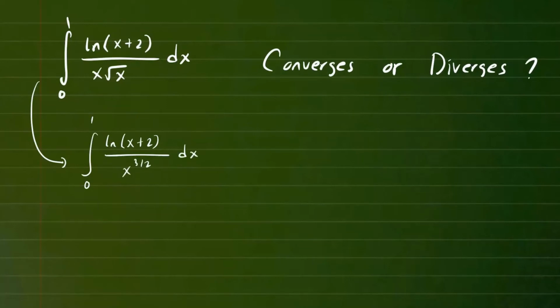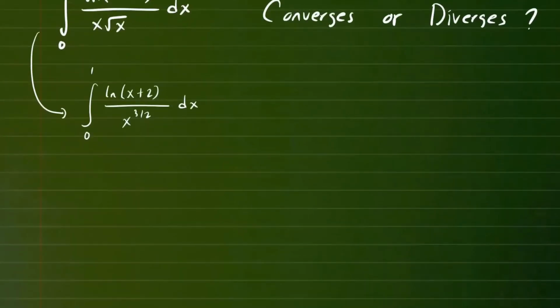Right, so let's use the comparison test now. So ln of x plus 2 over x to the 3/2. And I want to compare this with, let's say, x to the 3/2 on the bottom. And on top, I'm going to put just ln of 2.